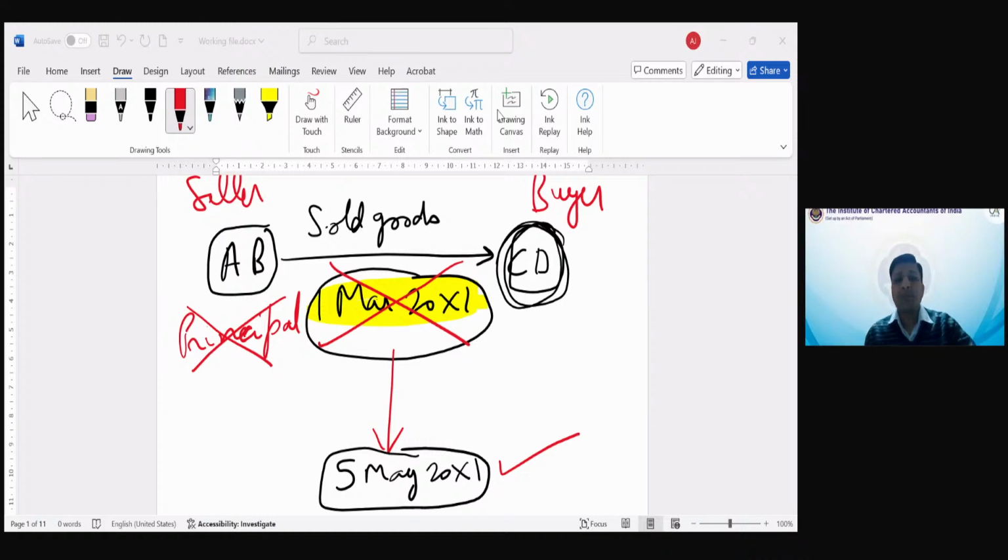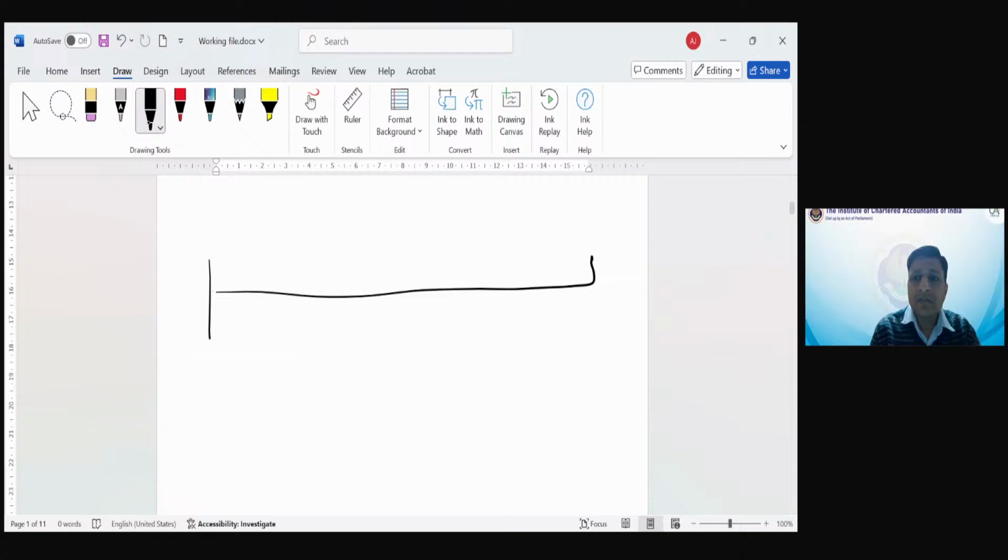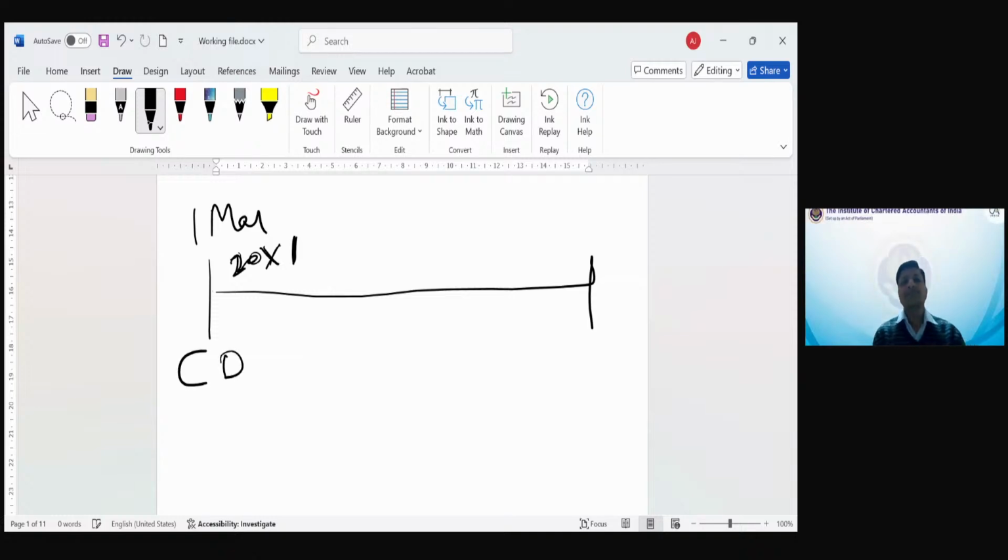Now, suppose I change the fact pattern: on 1st of March 20X1, goods were transferred, sale took place, and on this date CD had enough funds; the fund position of CD was not bad. Then you will recognize revenue.